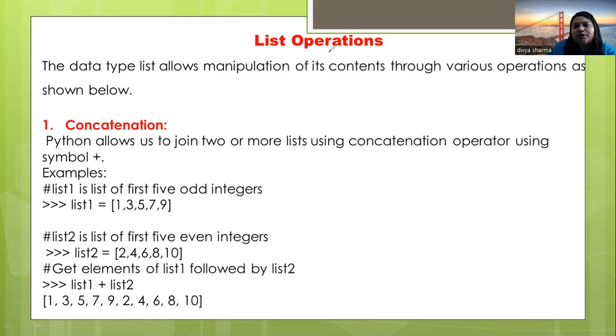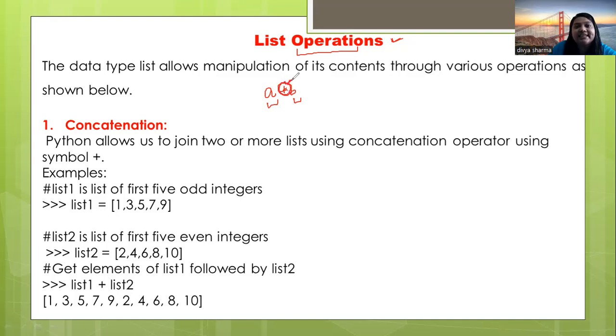Before discussing list operations, we have to know what an operation is. For performing any kind of operation, whether in mathematics or in any programming language, C, C++, Java, whatsoever, we need two operands. Suppose I write A plus B. Here, A and B are the operands on which the operation is to be performed, and plus is the operator.